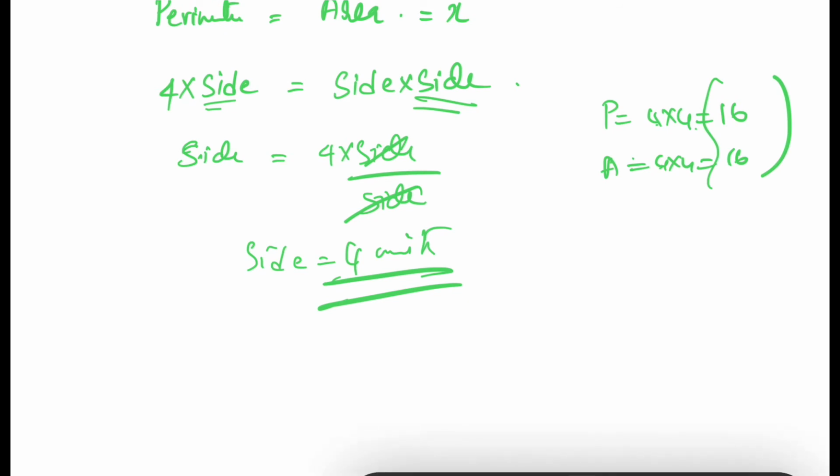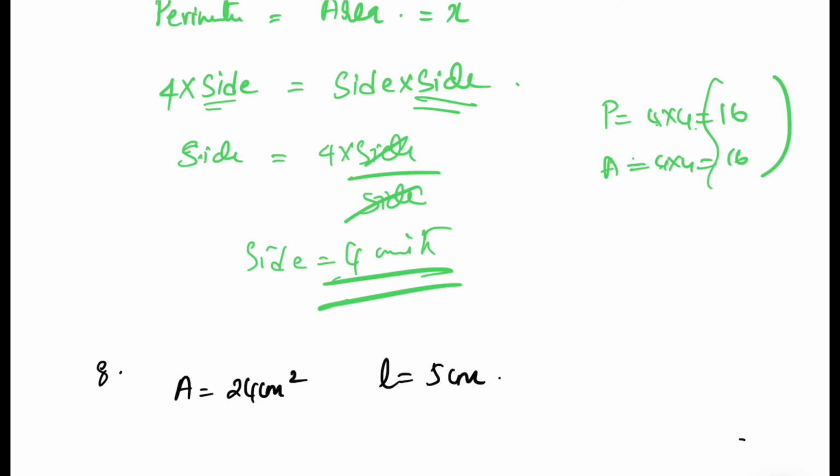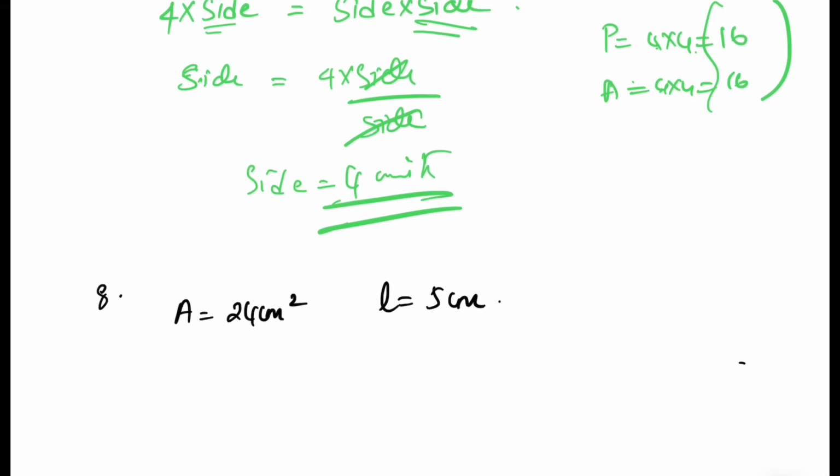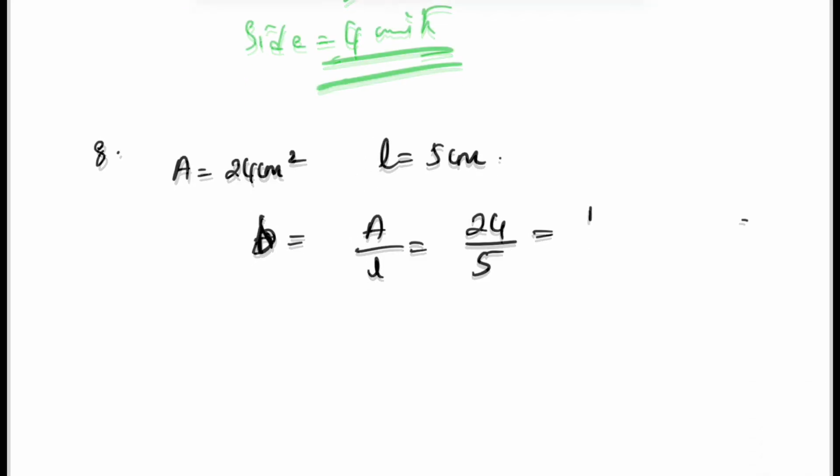Coming to question number 8, we have a rectangular piece of paper whose area is equal to 24 centimeter square and length is equal to 5 centimeter. Find its perimeter. First we will have to find the breadth, right? Breadth is equal to area by length, that is equal to 24 by 5. So what you need to find out is perimeter.